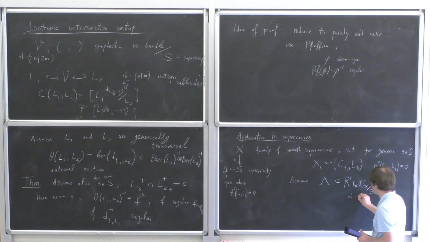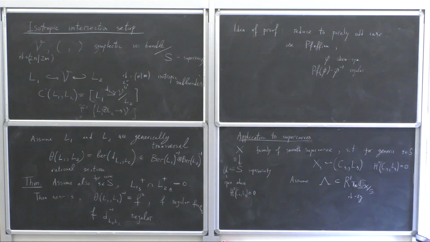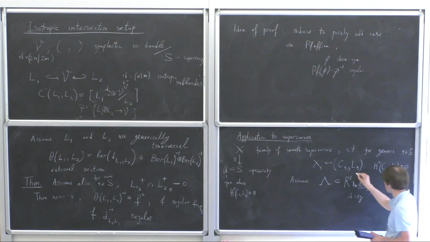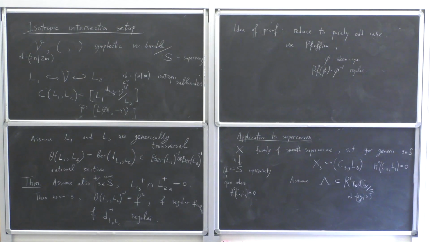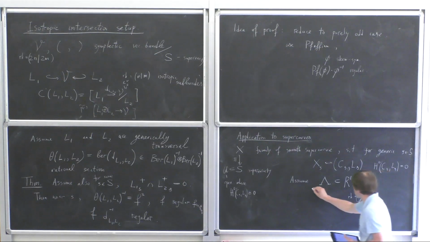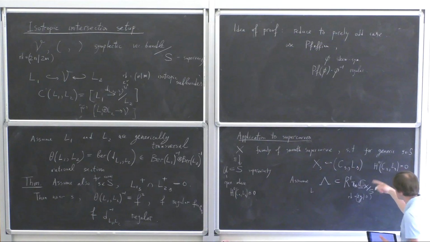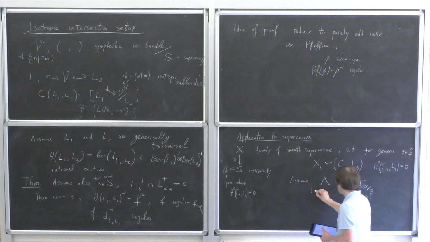Its rank is 2g, where g is the genus. So it's purely even. This is a purely even bundle. So I assume that it's equipped with the natural intersection form, and I assume that there is a Lagrangian subbundle.